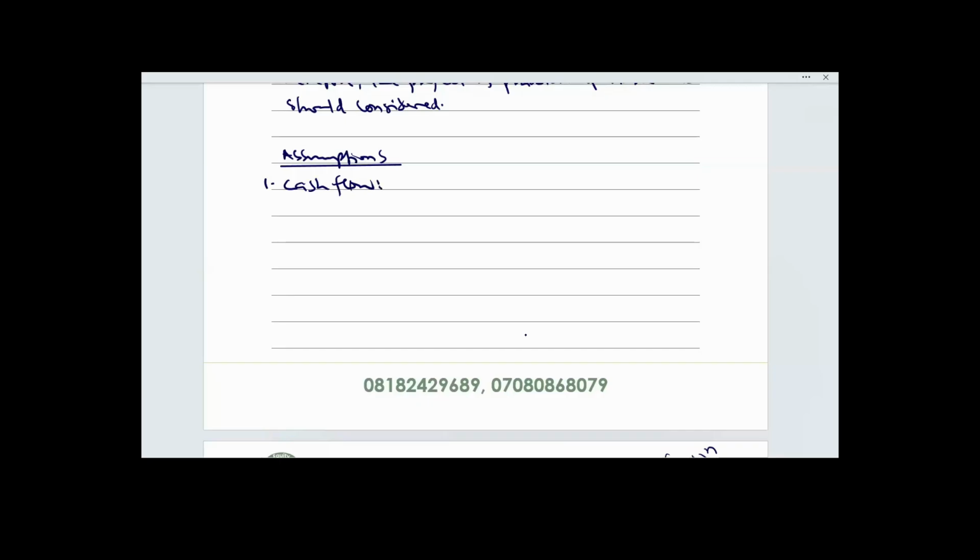You say that it is assumed that the cash flow estimates are realistic. The selling price, the variable cost, the fixed cost, they are just estimates, they are not actual costs.